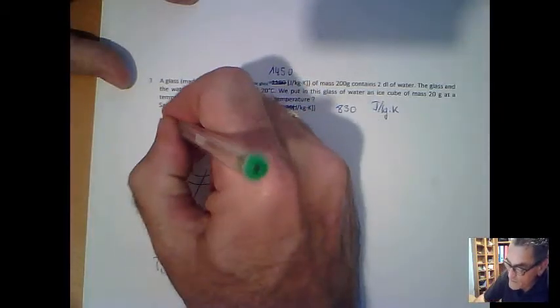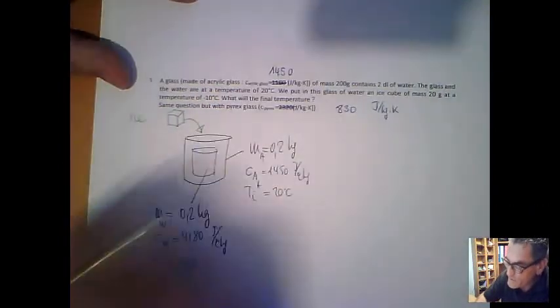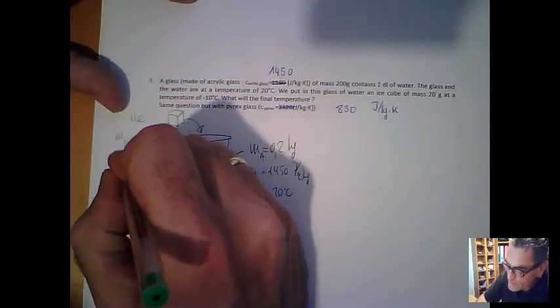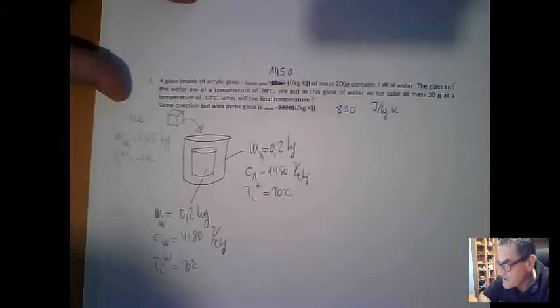So here we put an ice cube inside, and this ice cube has what characteristics? The mass of ice is 20 grams, 0.02 kilos, and the initial temperature of the ice is -10 degrees. And the question is, what is the final temperature?